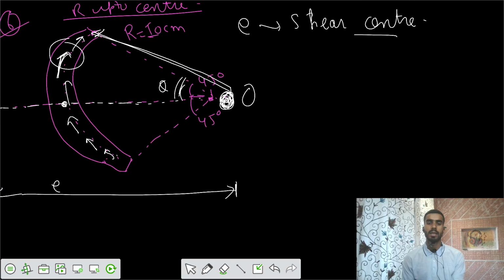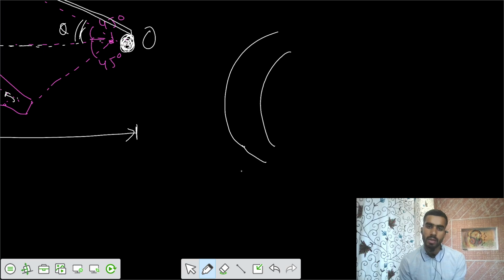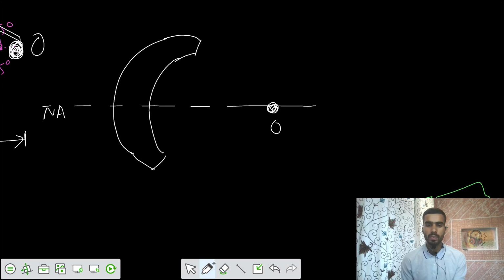Let's take that. Let's say that we have this arc of a circle. This is your element, and this is your neutral axis, and this is your point O. I know that the total theta, we have maximum theta of 45.